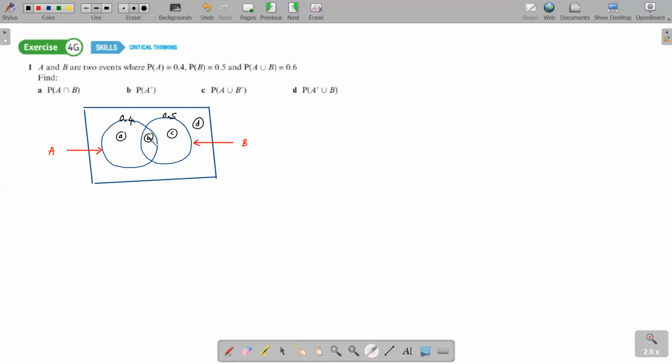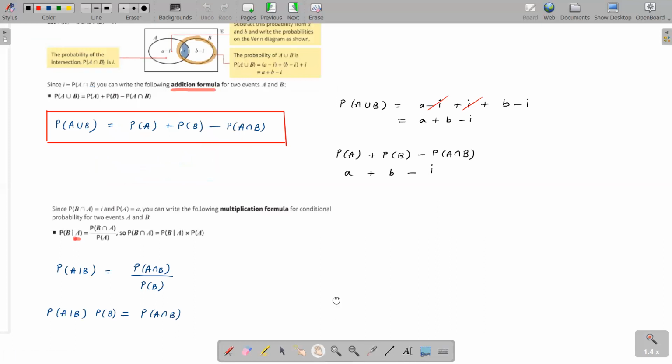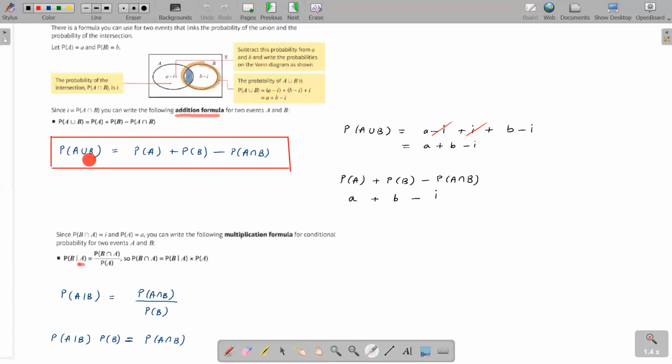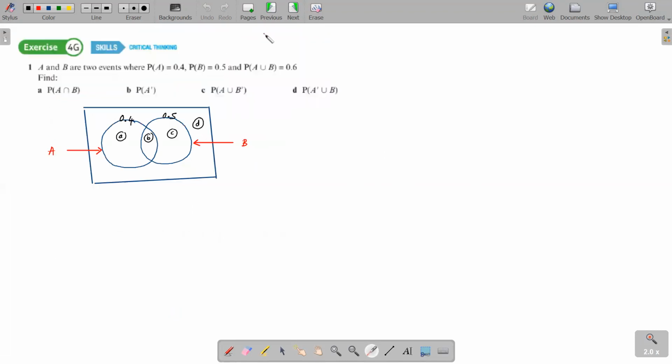A moment ago we learned the addition formula for A union B. We proved it also. So probability A union B is equal to probability A plus probability B minus probability A intersection B. Shall we practice using the formula? You can even do it by using regions, but we'll practice with the formula.